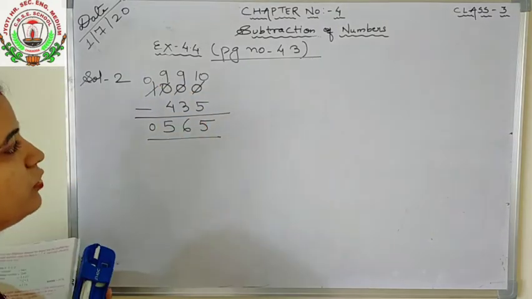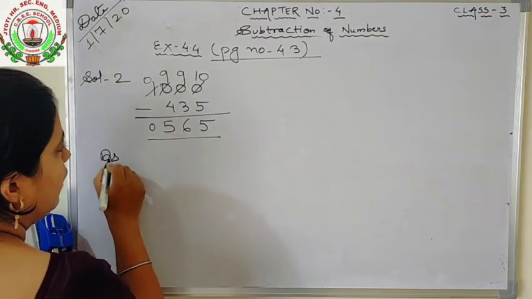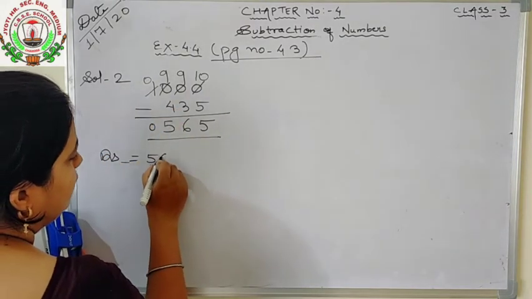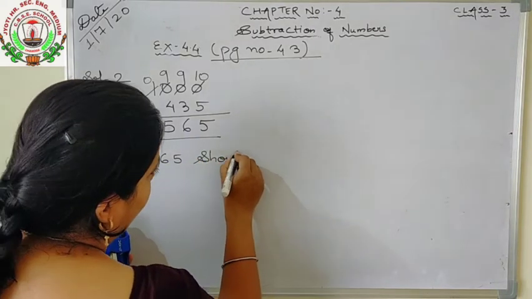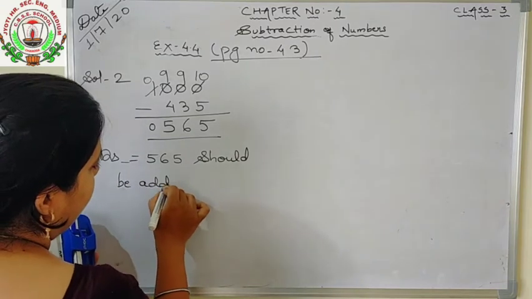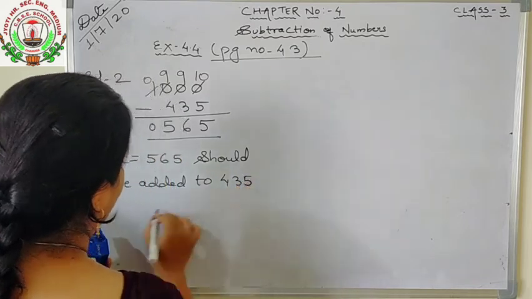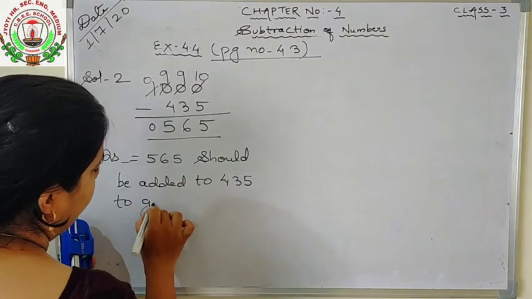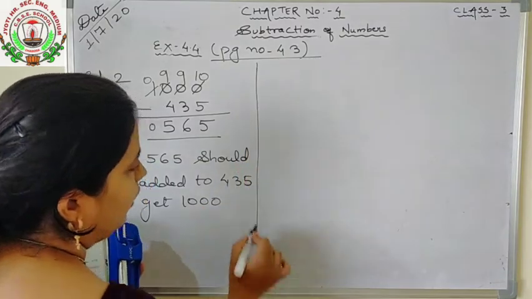So what number should be added to 435? Answer is 565 should be added to 435 to get 1000.